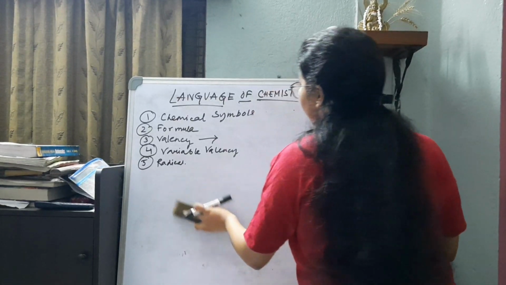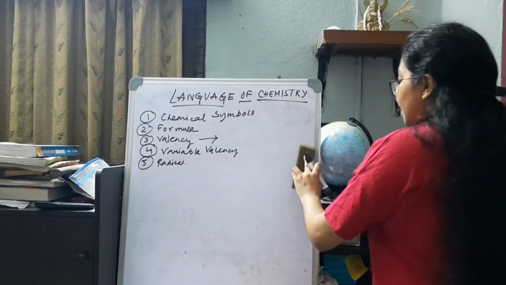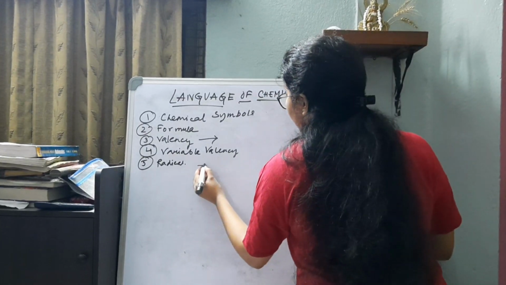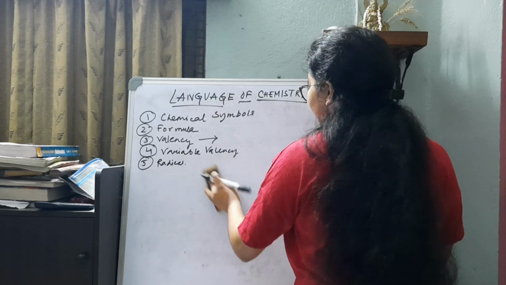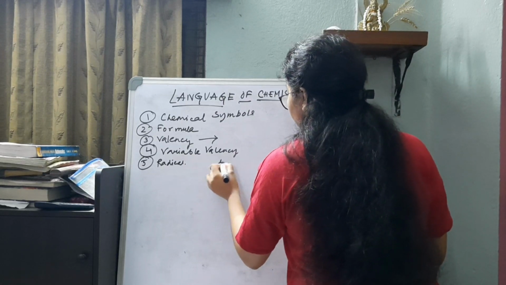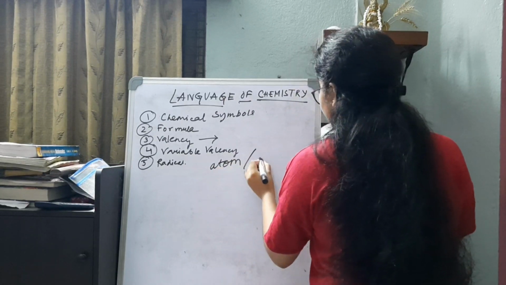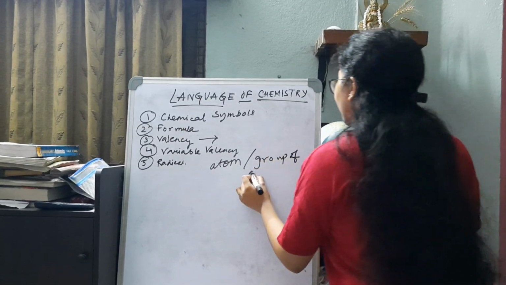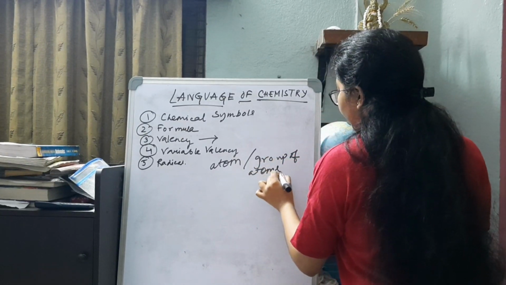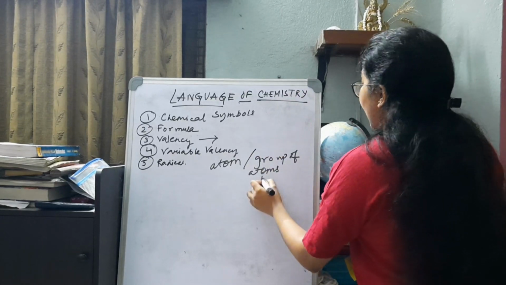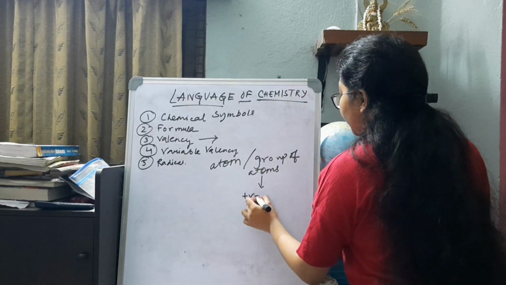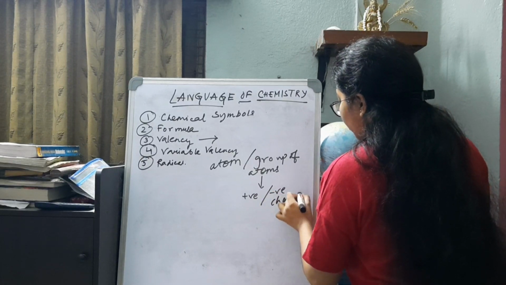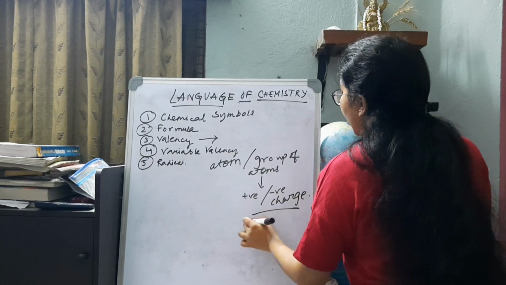So I repeat the definition: a radical is an atom or a group of atoms, of the same or different element, provided it has a positive or a negative charge.